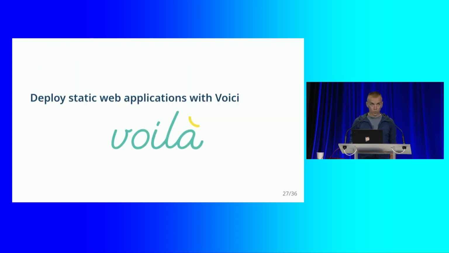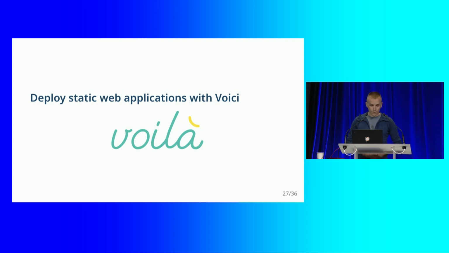I also wanted to briefly show a new project. It's been around for just a couple of months. Some of you might have heard about Voila before, which is a tool that takes your notebooks and transforms them into a web application that you can interact with, but still using the normal Jupyter stack.